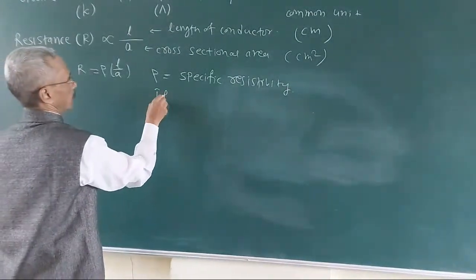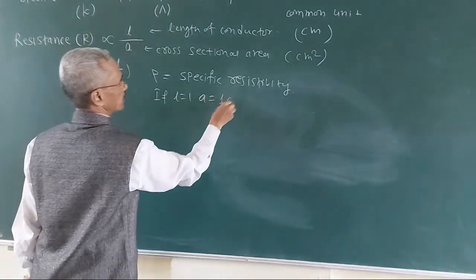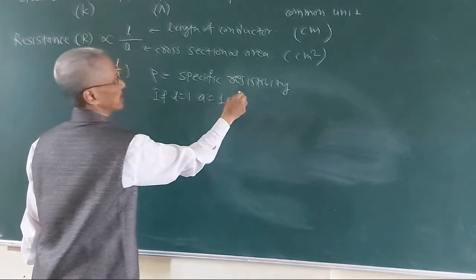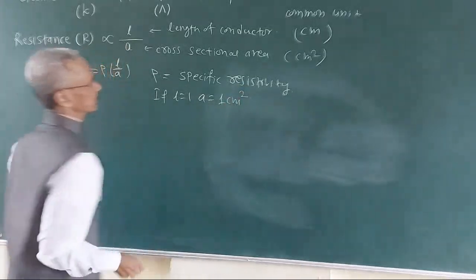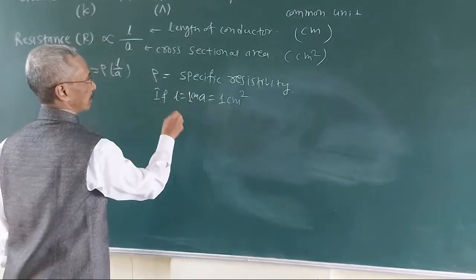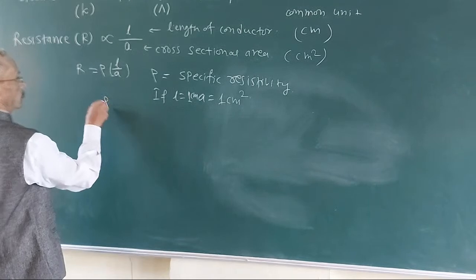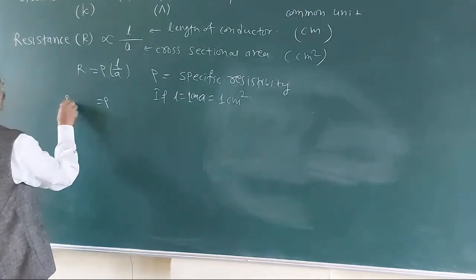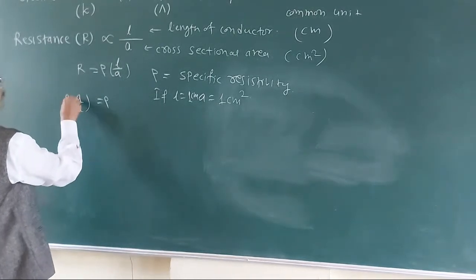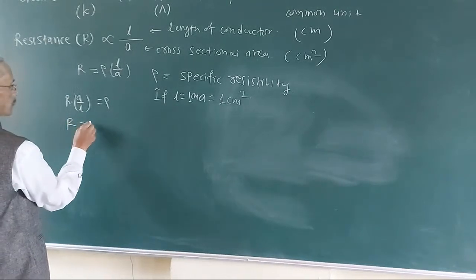If L is equal to 1 centimeter and A is equal to 1 centimeter square, then rho is equal to R.